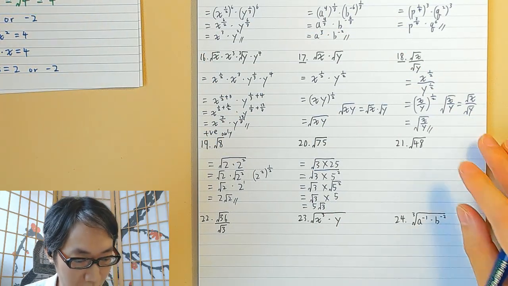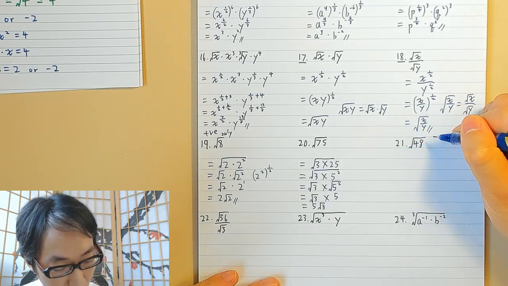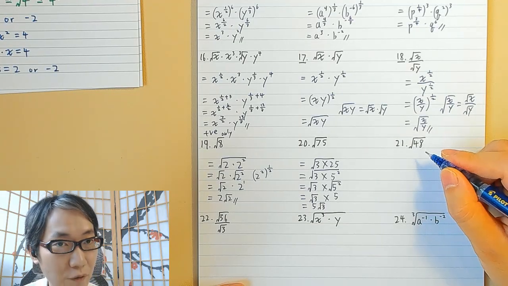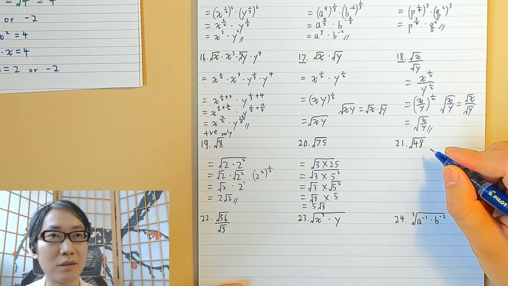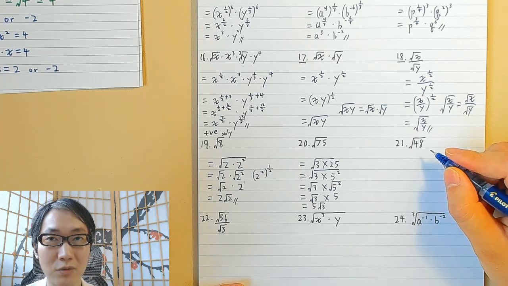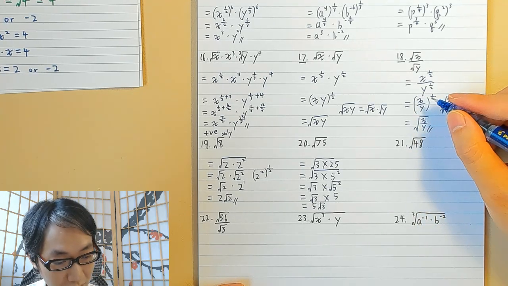Okay. So number 21, 48 square root. So we're looking for a square in the factors of 48. 24 is not a square. 6 times 8. 16 is a square. So 16 times 3 is 48.